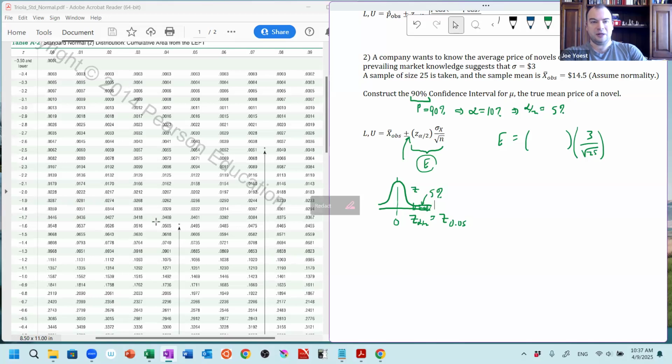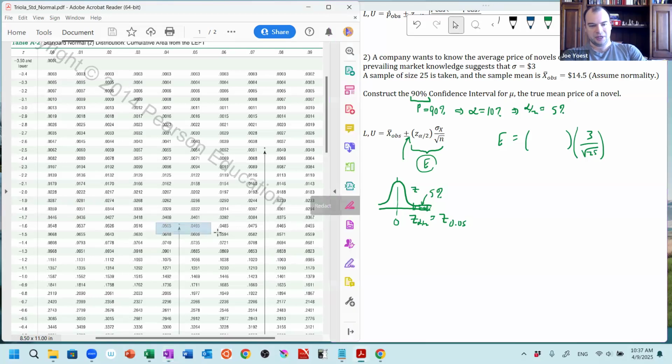So I'm looking for about 0.0500 on this table, and I see it falls between 0.0505 and 0.0495. Like usual, I know this is really small on your screen, so I'm kind of expecting you to work along with your own either PDF or physical copy of this table. But I'm looking for an area to the left.